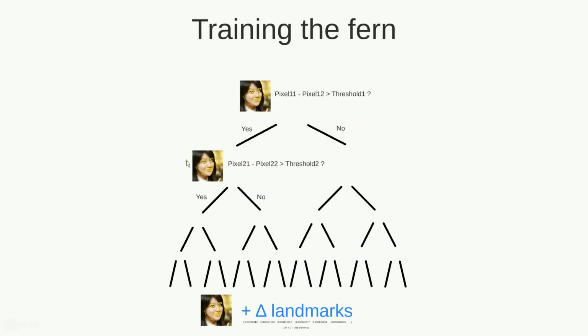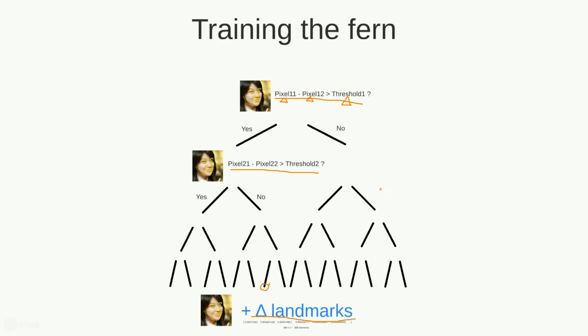Now we come to the third thing, which is the fern. And again, for the fern, we need to get the classification questions. We need to pick 2 pixels from the 400 pixels, and we need to set a threshold. And also we need the delta landmarks at each leaf.